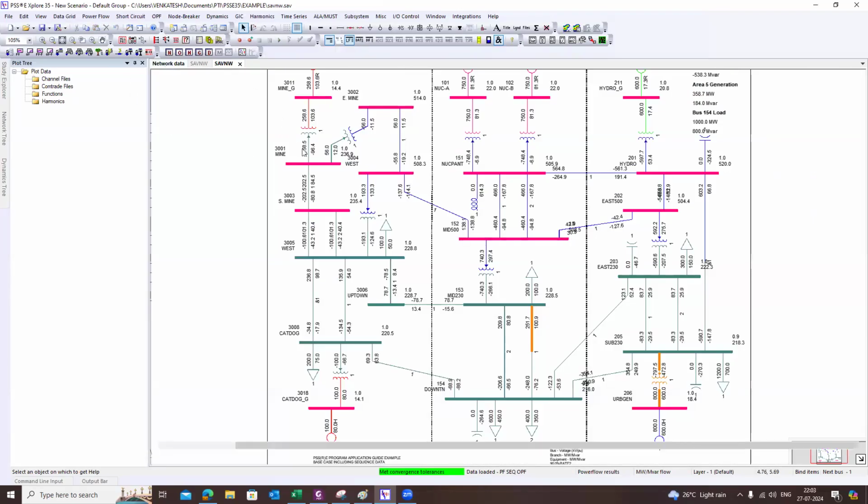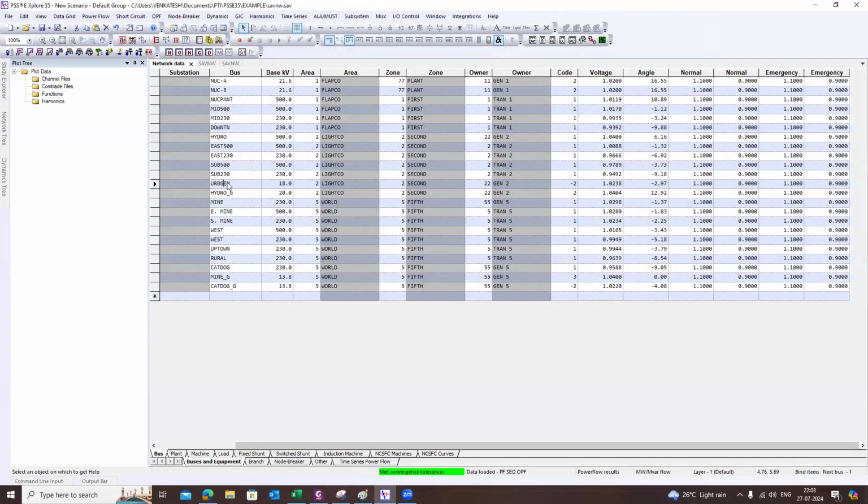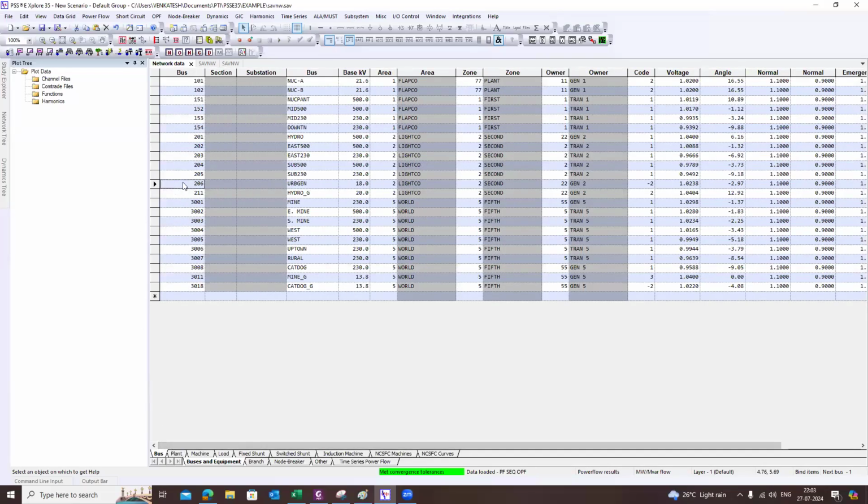And as I told you, suppose I want to see the network of only this UrbGen plant, I can do that very easily. Whereas in this ETAP that is not possible. Suppose the bus number is 206, and I want to see the voltage profile of this particular bus only.